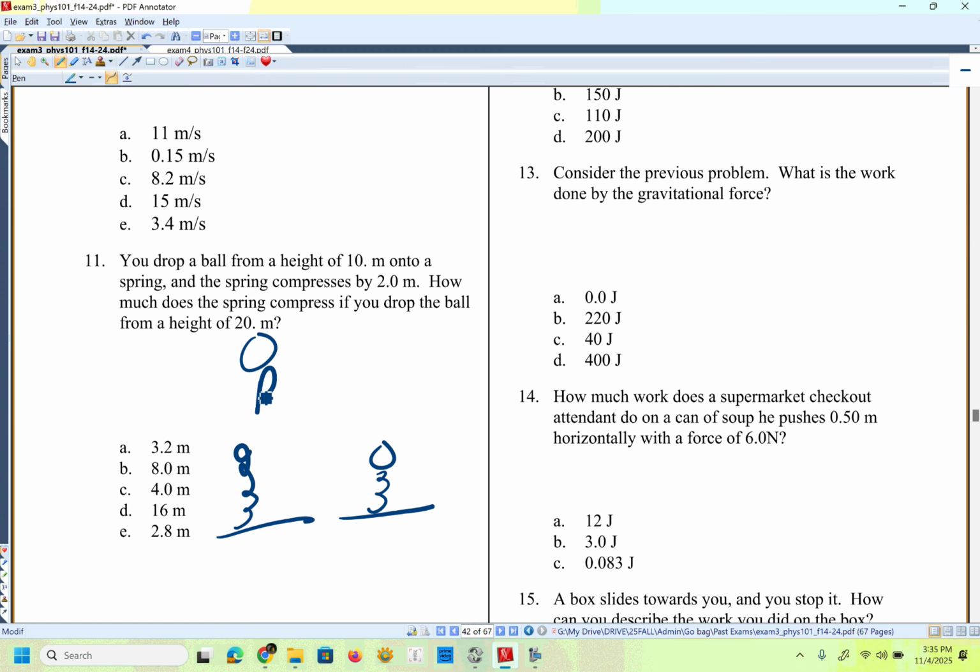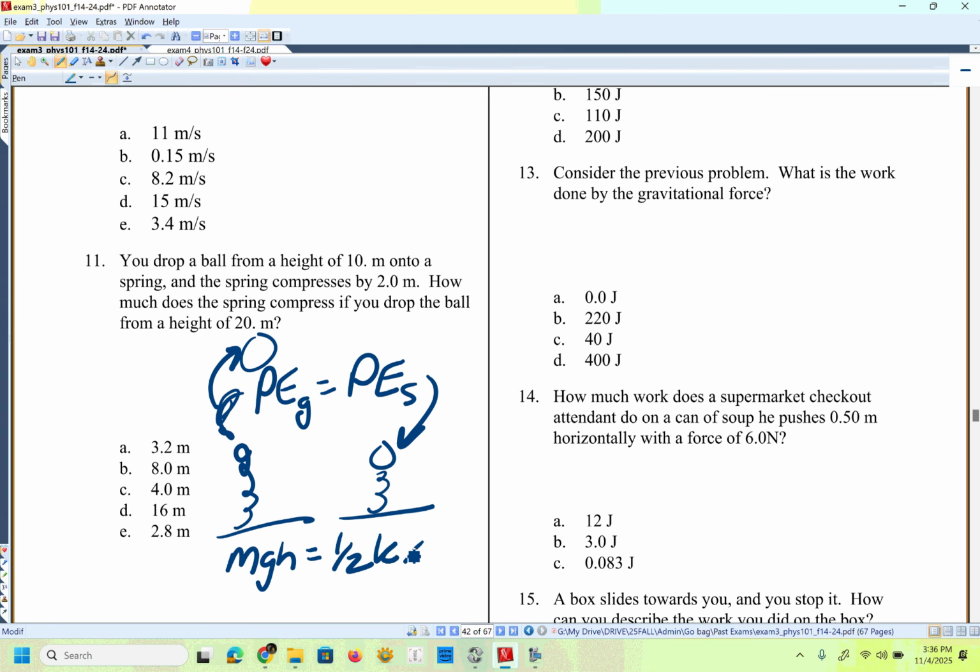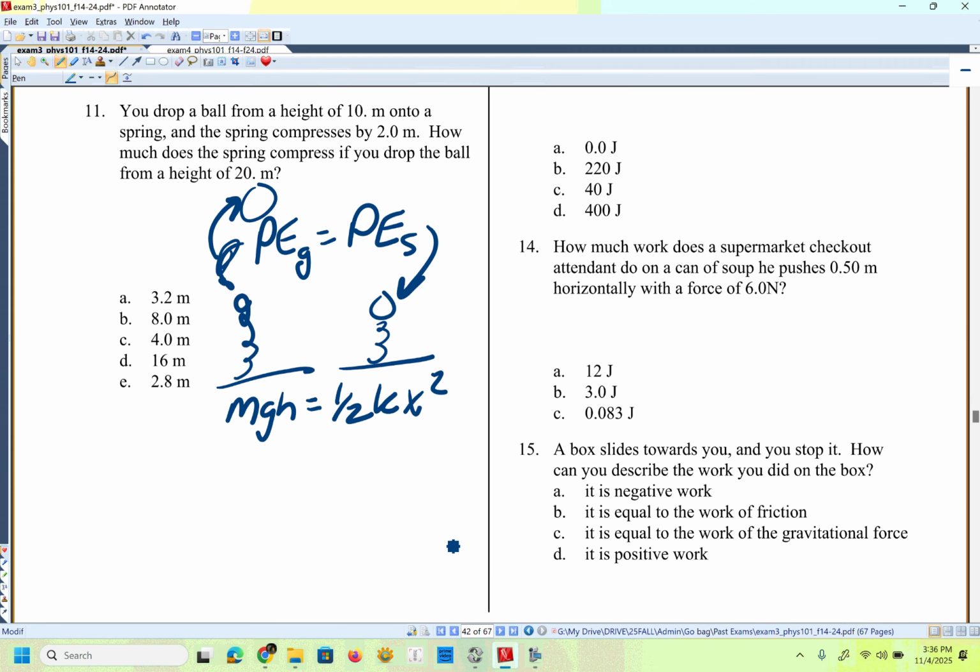So it has gravitational potential energy here, and elastic potential energy here. So what I do is I set the gravitational potential energy, mgh, equal to 1/2 kx squared. And then I think I know everything.